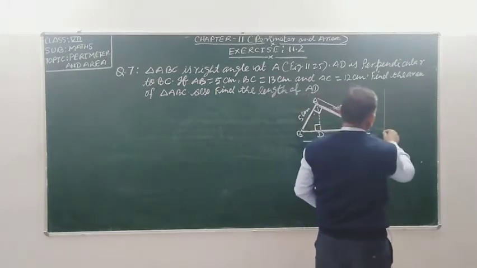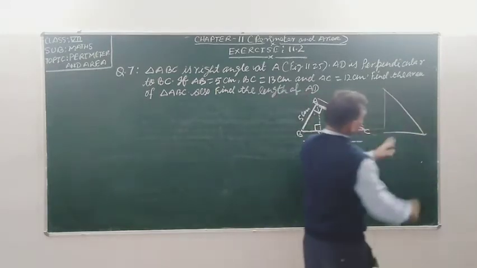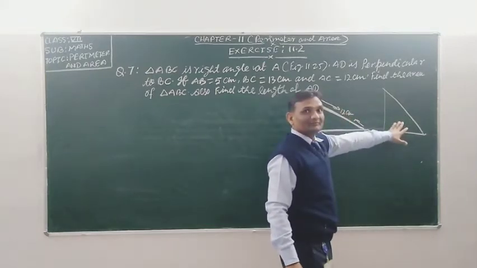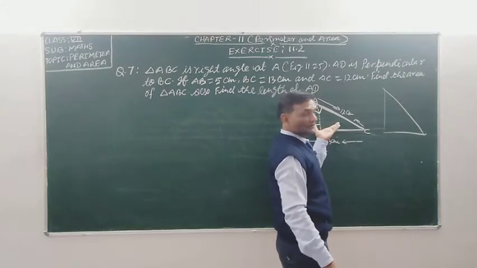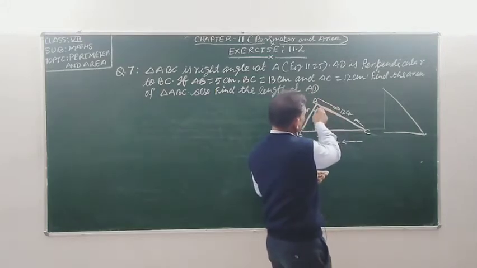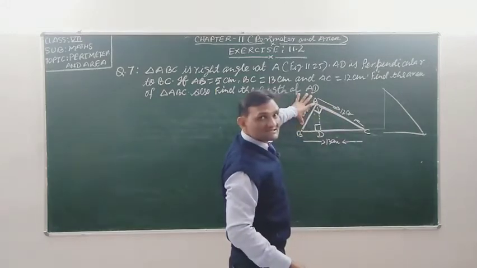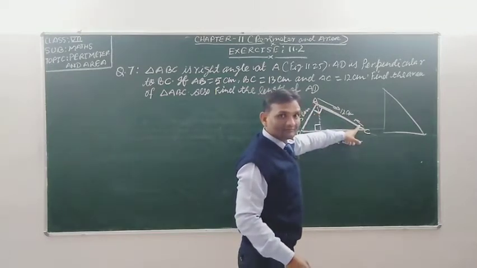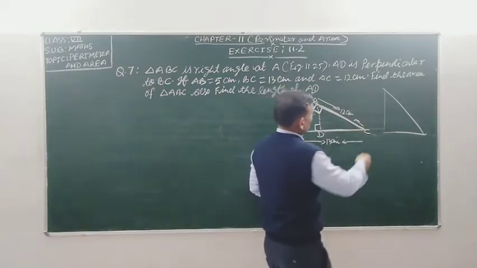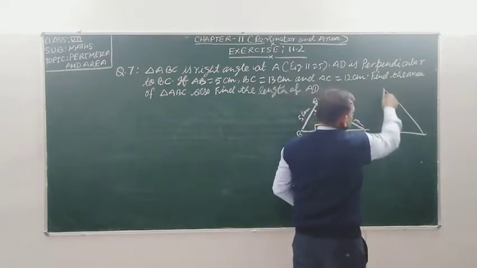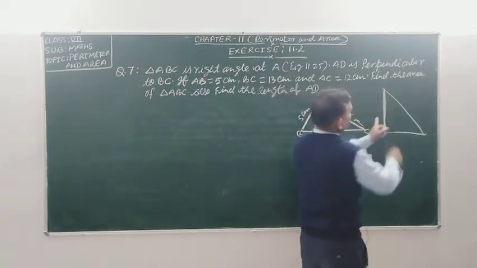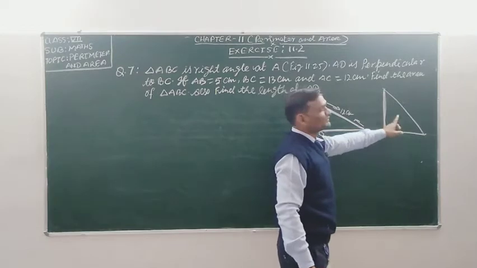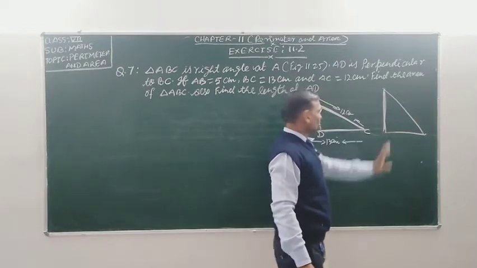Look here, see this figure. This is a right angle triangle. The 90 degree angle is made here. This is the base, and this is the height of the right angle triangle.